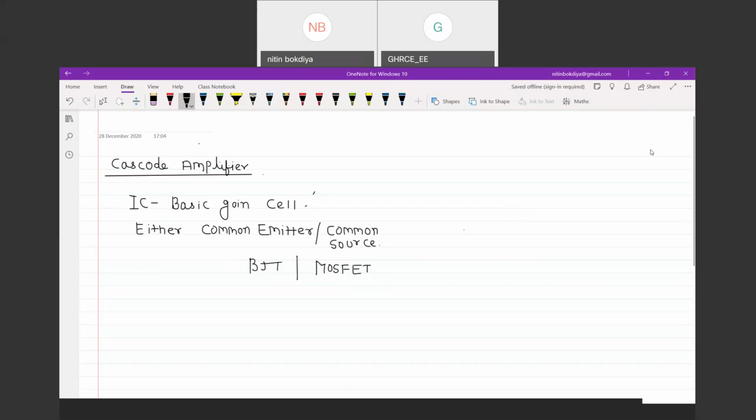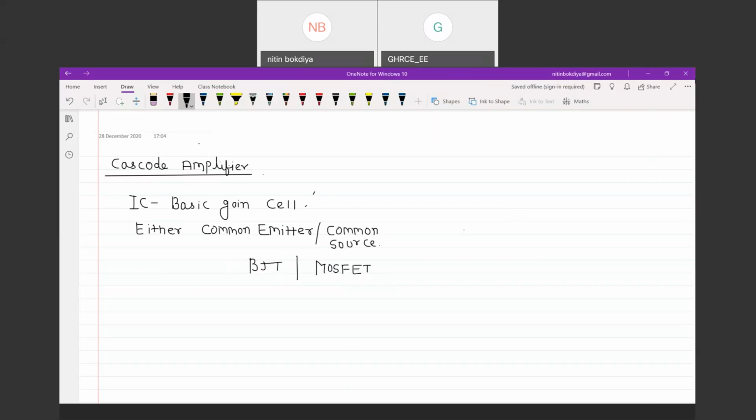Let's draw the cascode amplifier, first using a BJT.